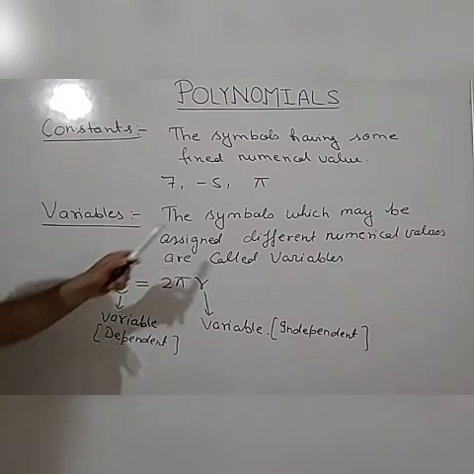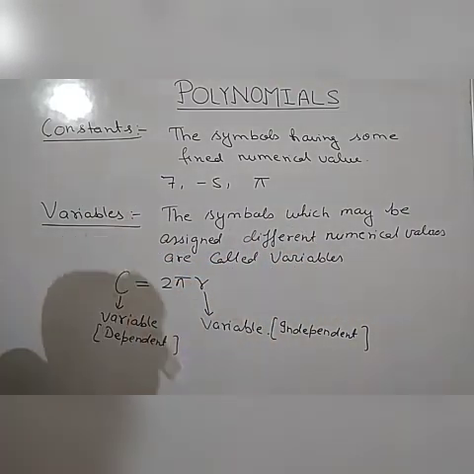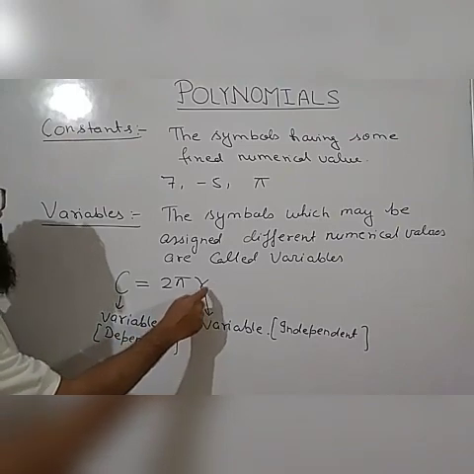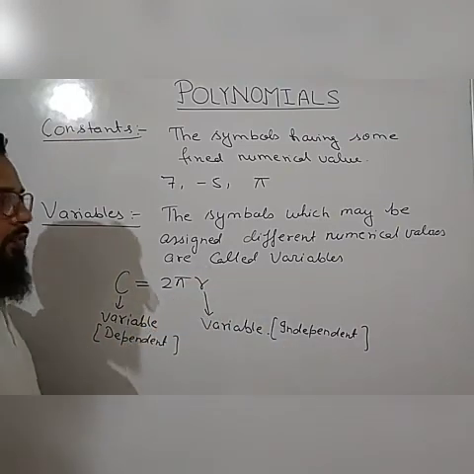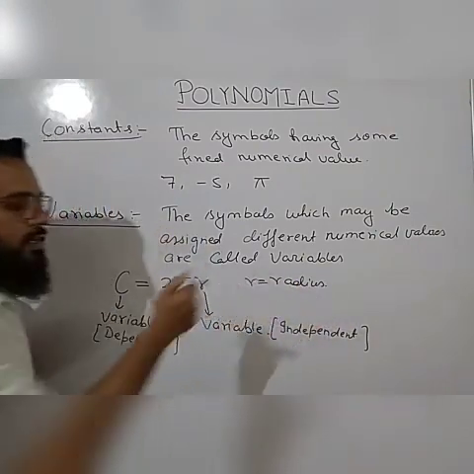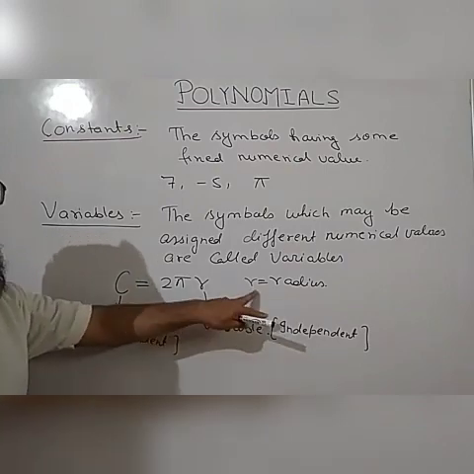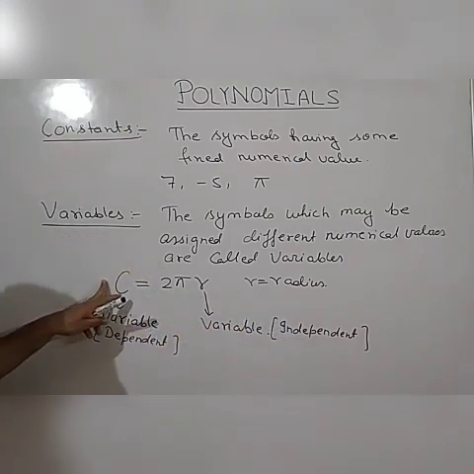What is a variable? A variable is a symbol which may be assigned different numerical values. For example, in this case we can assign r different values. What is r? r means the radius of a circle, and we can take any value of radius. Depending on that radius, the circumference will also change.